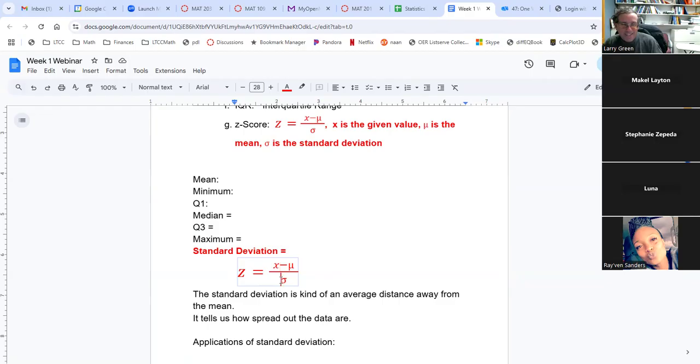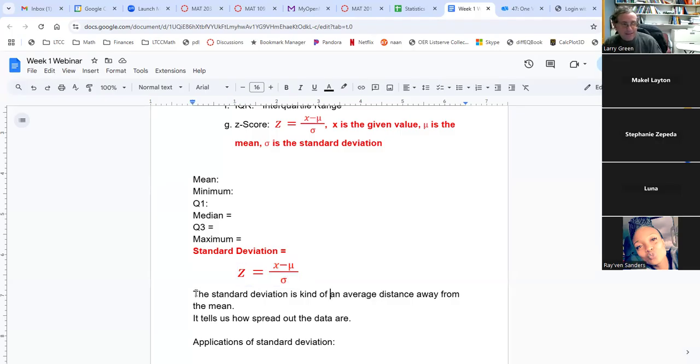This guy at the bottom, that is a standard deviation, and the way you read that is sigma. These are Greek letters. Don't get mad at me. This is what everybody in the world uses. So sigma is the standard deviation. So the z-score is a number minus the mean divided by the standard deviation.